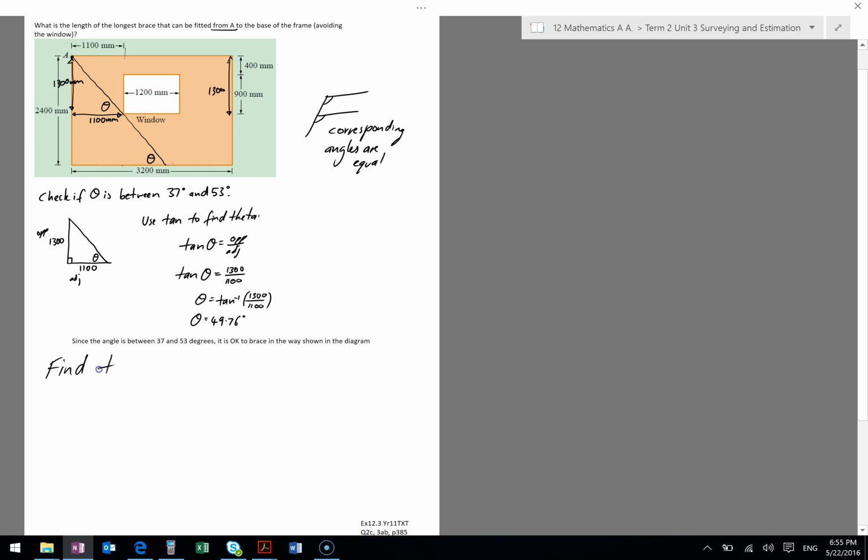So find the length of the brace using this really big triangle, which is 2400 millimeters tall, and I've got this angle of 49.76 degrees. I'm trying to find that unknown. This is opposite, this is hypotenuse. It's basically the same as the first question of the last lesson.